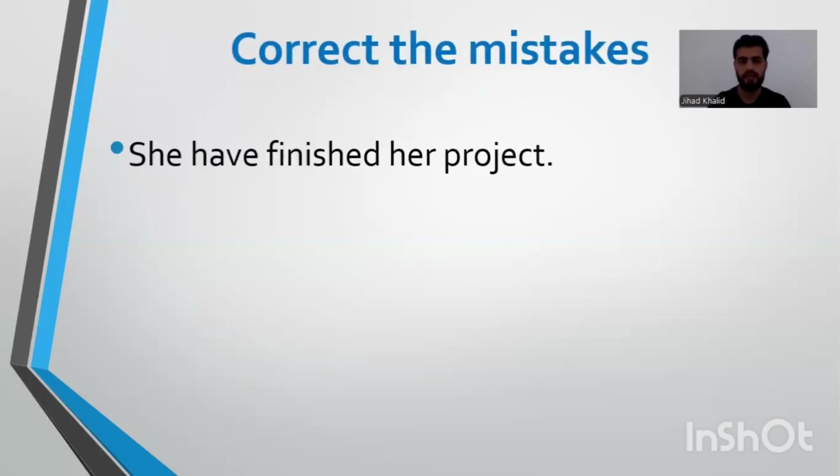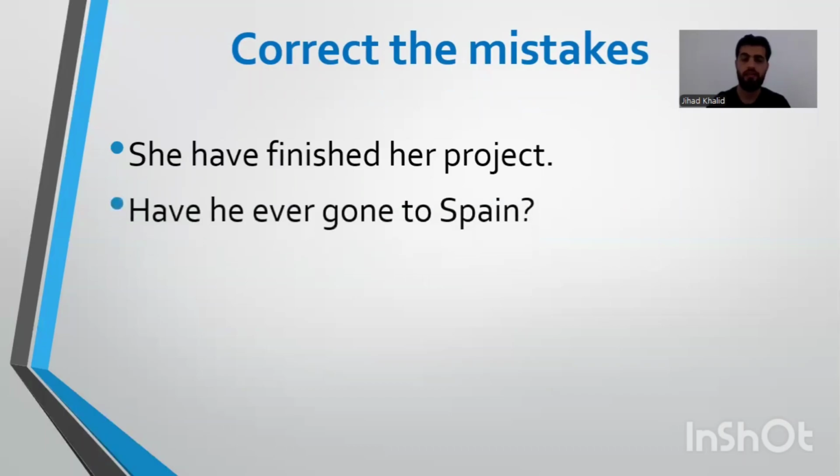Okay, guys. Then it says correct the mistakes. She have finished her project. She have. It's wrong. It should be she has. Have he ever gone to Spain? No. Has, not have. Has he ever gone to Spain?